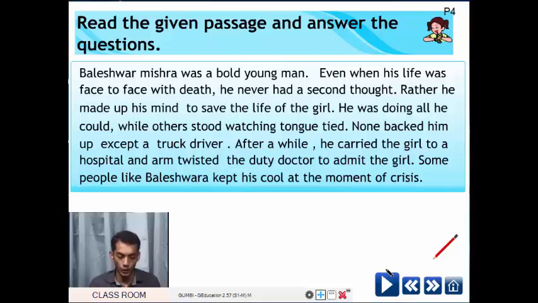He was doing all he could while others stood watching tongue-tied. None backed him up except a truck driver. After a while, he carried the girl to hospital and arm twisted the duty doctor to admit the girl. Some people like Baleshwar kept his cool at the moment of crisis. Good.